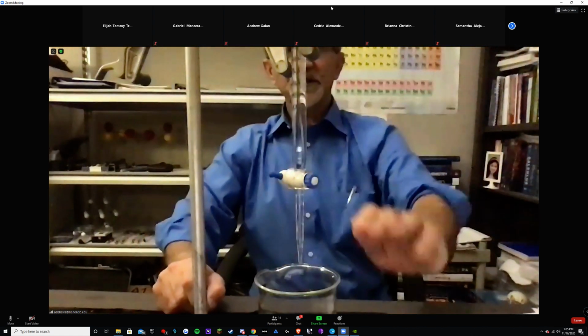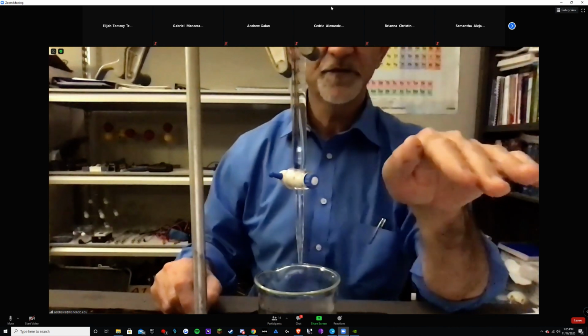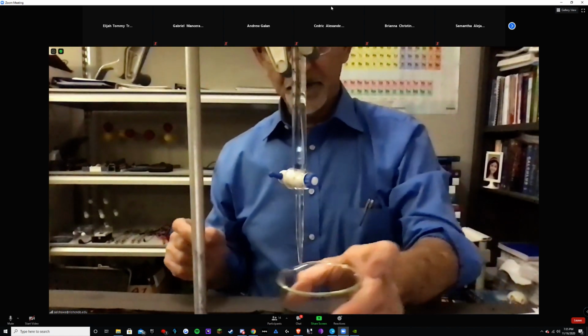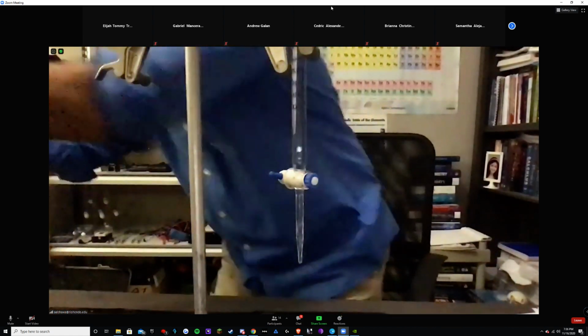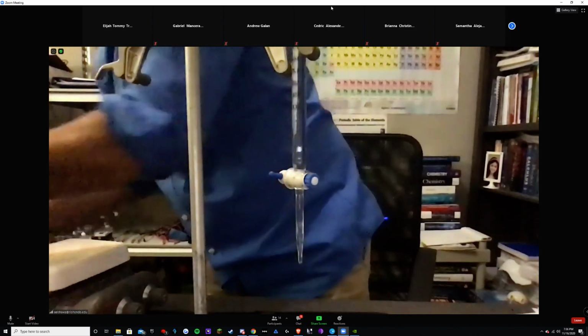So I'm seeing the marking. The level of that meniscus is at the 0 value. So I'm going to start with the initial volume inside the burette, which is 0. Just about ready for the titration.